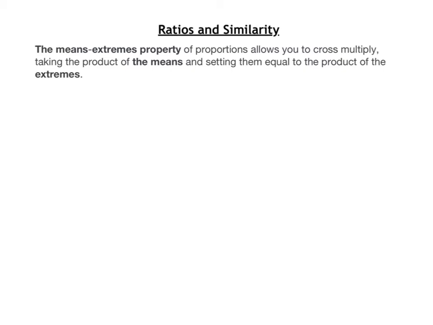When I make a proportion out of two ratios, like 6/11 equals 12/22, there are a pair of numbers there called the means, and the other pair is called the extremes.